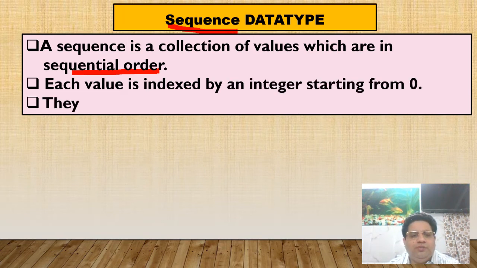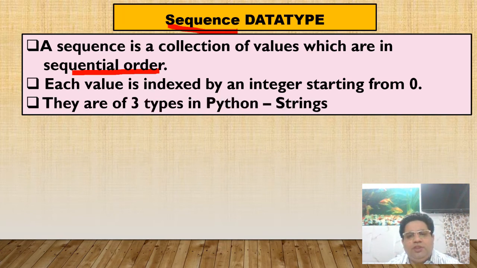This I will tell you. They are of three types: strings, list and tuples. There are separate chapters for each of these data types. Here we will only study the introductory part.